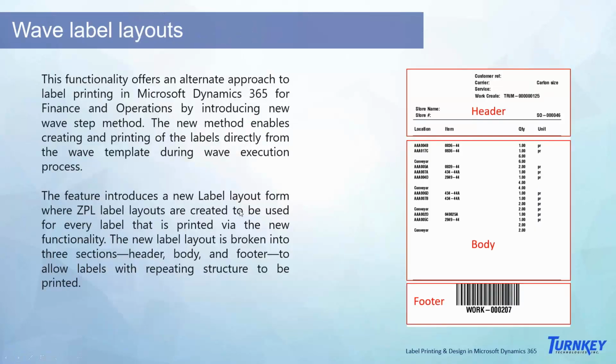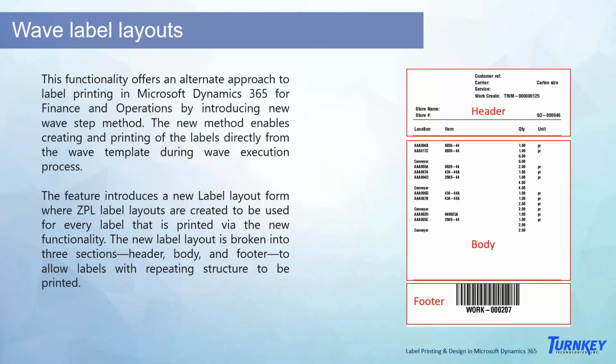Okay, so the next kind of labels that we have are the wave label layouts. These are mainly used for picking processes. The reason we have these labels as picking processes is because we have them available in the wave templates inside the system, basically.